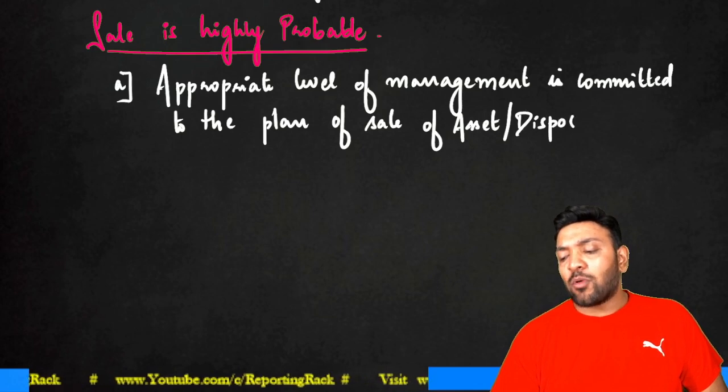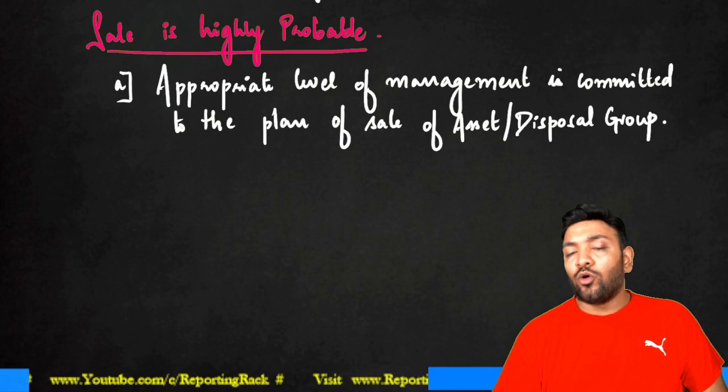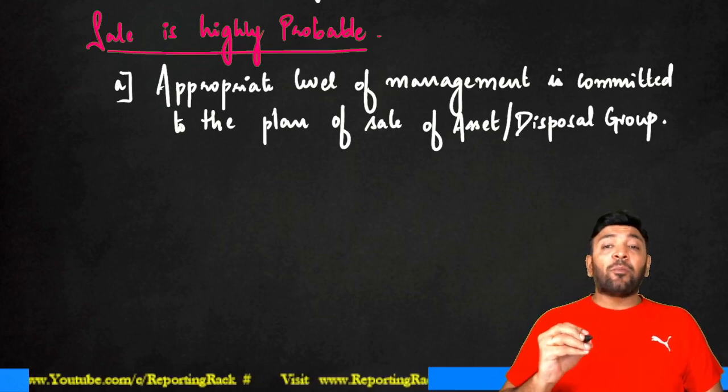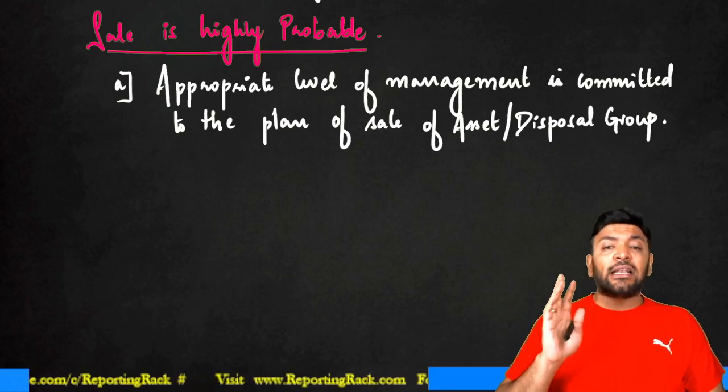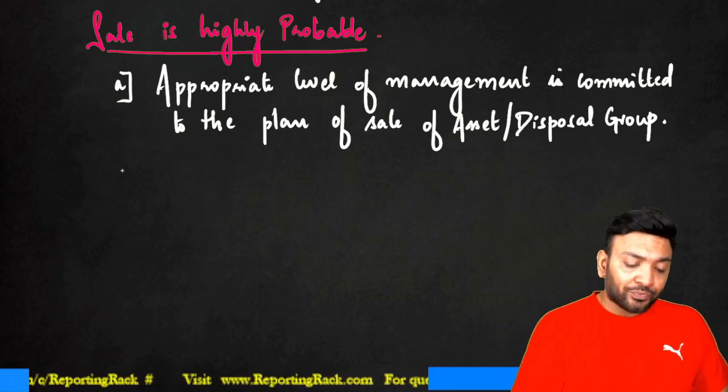Guys, I will talk about this word disposal group in a few minutes. So keep it aside. Only think about asset. The appropriate level of management is committed to the plan of sale of the asset or its disposal group.